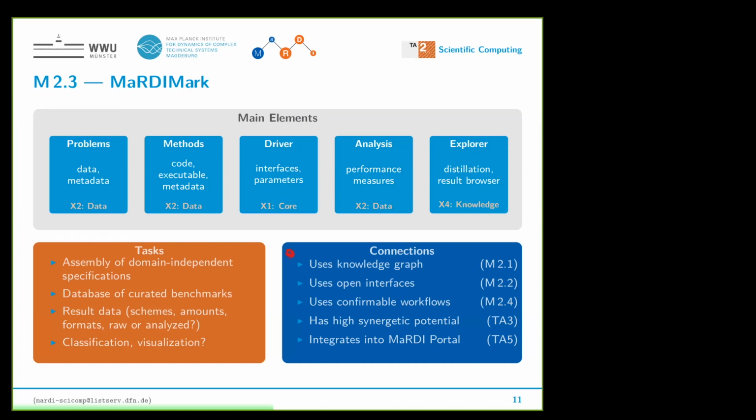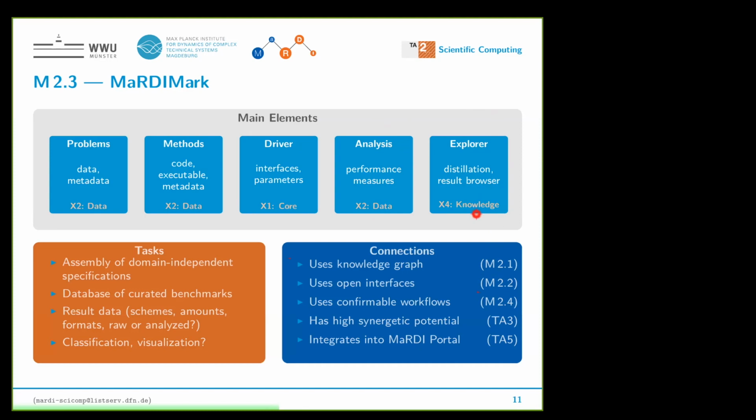This will do the computations. An additional analysis module is then supposed to check performance measures on the results. And a final module is for the distillation of the results in user-readable form, so in the form of some sort of result browser.